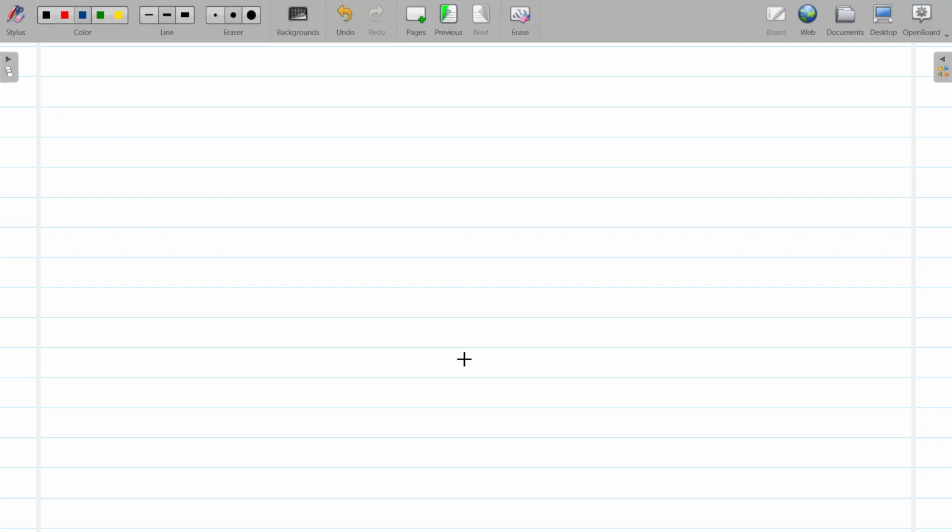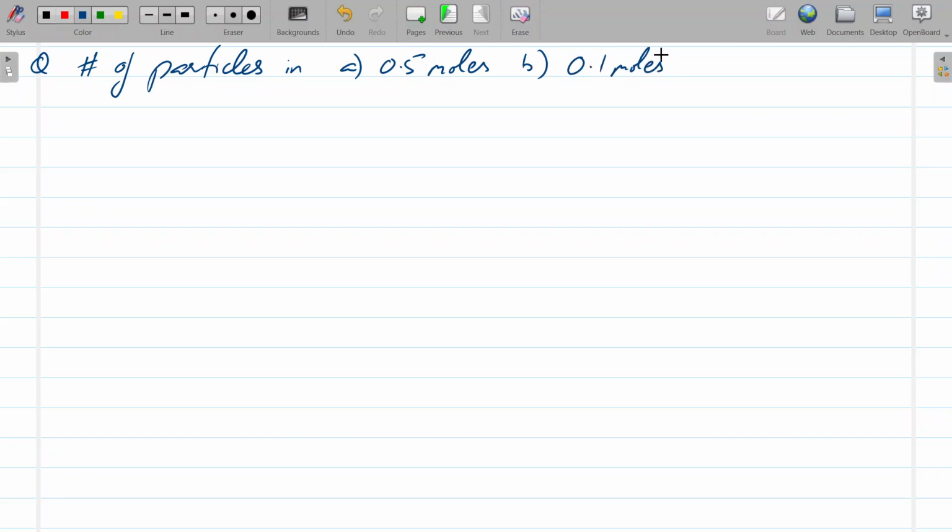They're worked out, but doing them on the whiteboard with you guys will hopefully help clarify the concepts. So here's a question: what are the number of particles in A, 0.5 moles and B, 0.1 moles of carbon, just carbon?